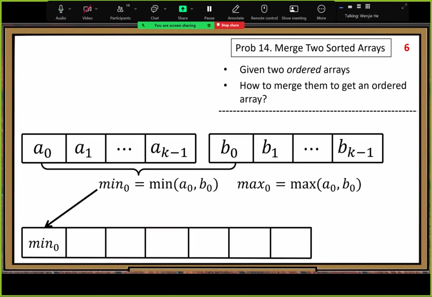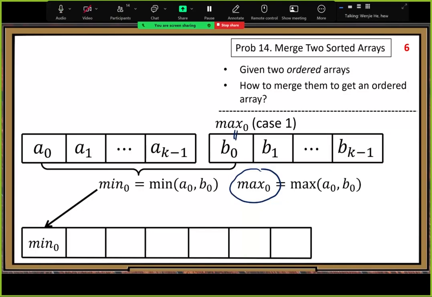Now, we need to look at the second comparison. For this max 0, we do not know if we can put it in place or not, so we need another comparison. Let's assume max 0 is this B0 case.